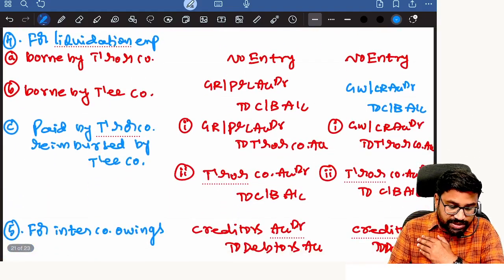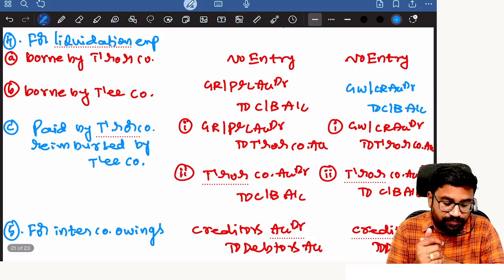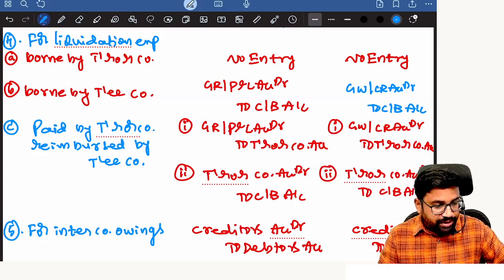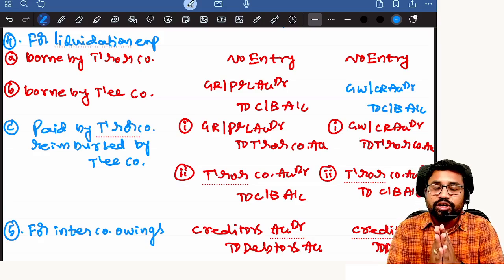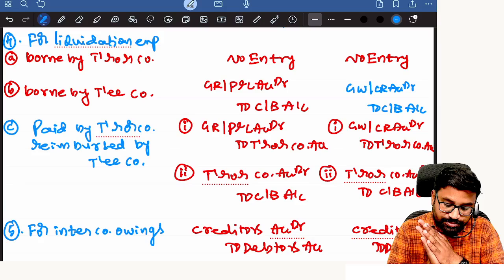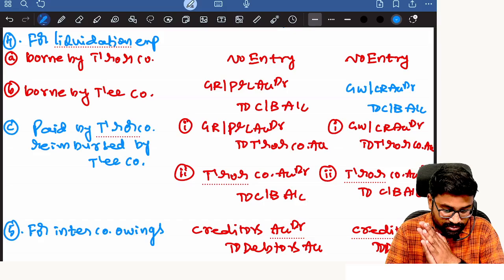And liquidation expenses, 3 cases. If liquidation expenses are borne by transferor company, in the books of transferee, no entry. If liquidation expenses are borne by transferee company itself, in pooling of interest method, general reserve or P&L account debit to cash or bank. In case of purchase method, goodwill or capital reserve account debit to cash or bank.